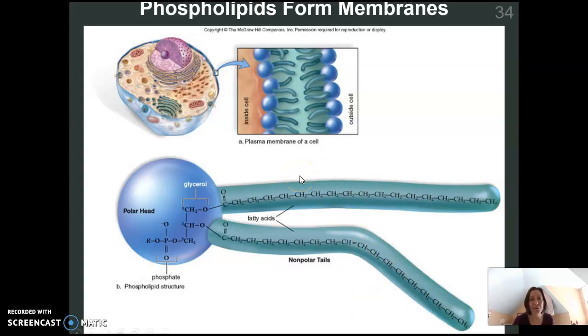And I know I said I was going to talk about this later when we talk about cells, but when this arranges in the plasma membrane, it arranges as a bilayer with the phosphate groups pointing towards the outside of the cell in this layer of phospholipids, and the phosphate groups pointing to the inside of the cell in this group of phospholipids.